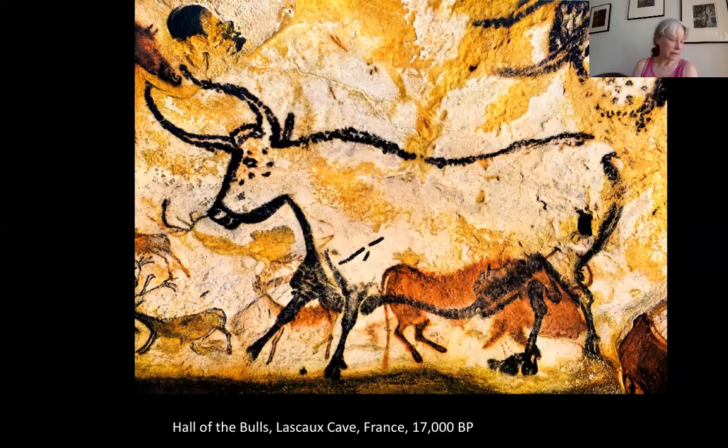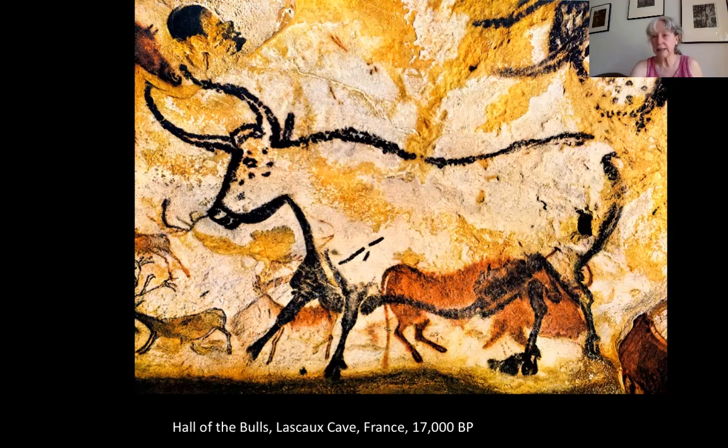So I think anybody looking at this would recognize that the artist 17,000 years ago wanted to make a picture that looked like a bull. I mean, it may be an ancient bull, an auroch, but if you've ever seen a cow even, much less a bull, you kind of recognize what this is, because it's an example of representational art.